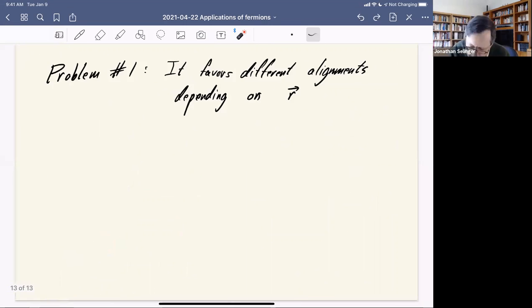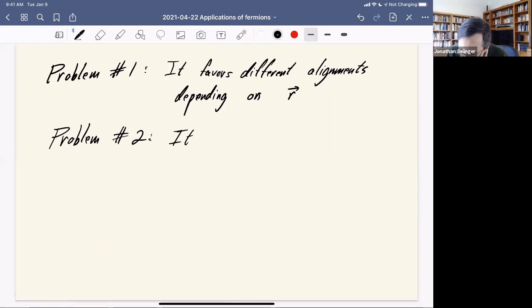And the other problem with this as a potential explanation is that it isn't strong enough. And so for people who've estimated what's the magnitude of this dipole-dipole interaction, it's way too weak to account for ferromagnetism.